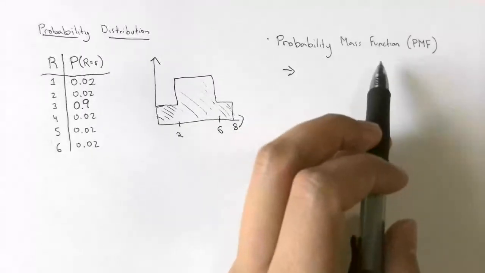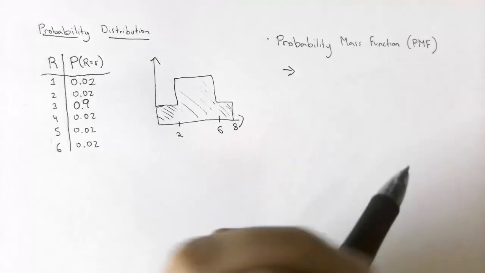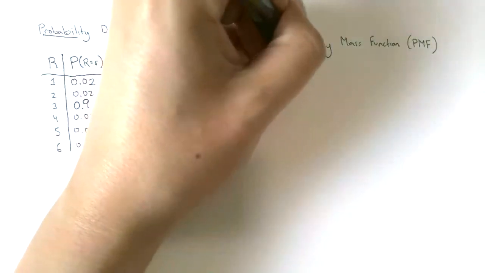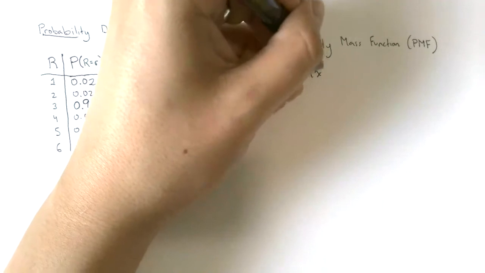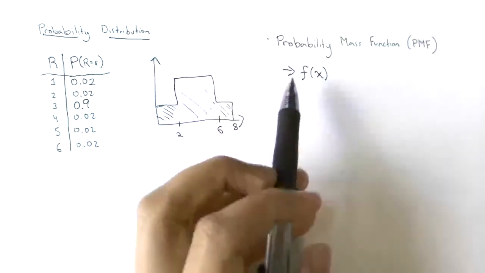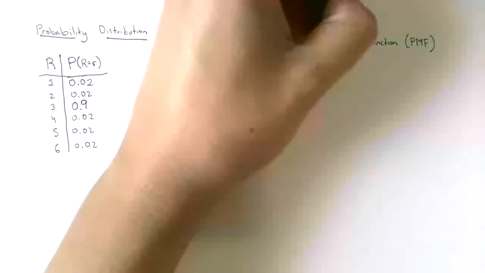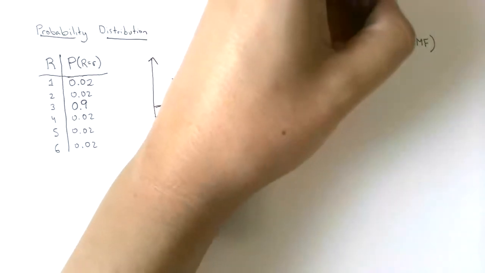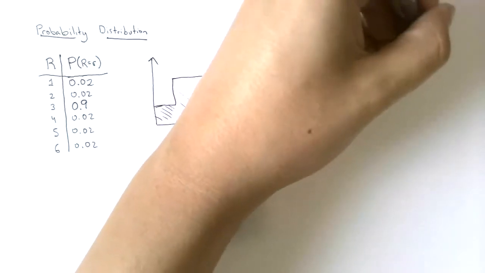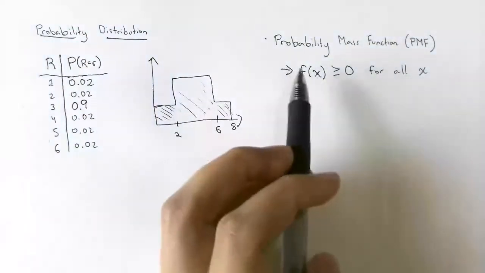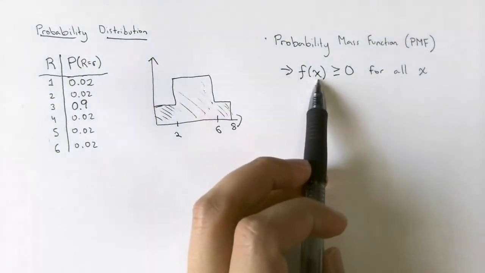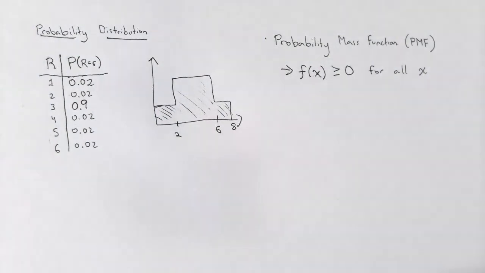And because the probability mass function is just a function that outputs the probability, it also cannot be negative. So my probability mass function, which is sometimes written as lowercase f of x, has to be greater than or equal to 0 for all x. And this x just means my outcome. It could be r, it could be y, it could be whatever variable I'm using. I'm just using x here.